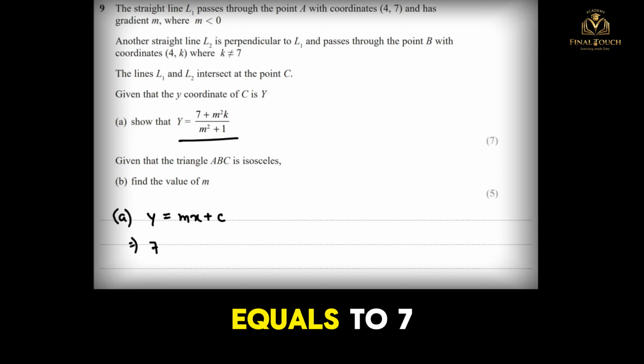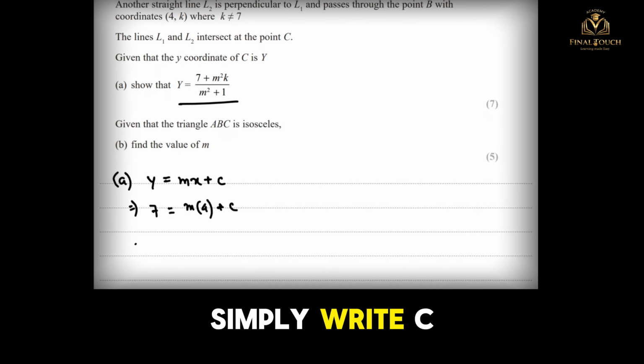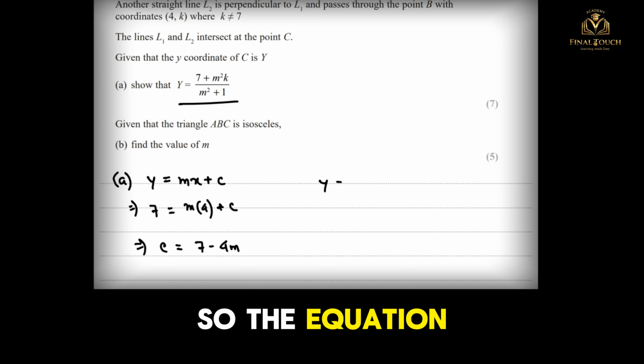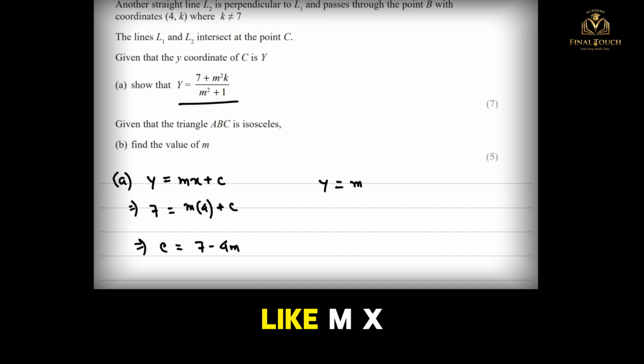So 7 equals m into 4 plus c. So we can simply write c equals 7 minus 4m. So the equation would be y equals mx plus 7 minus 4m.